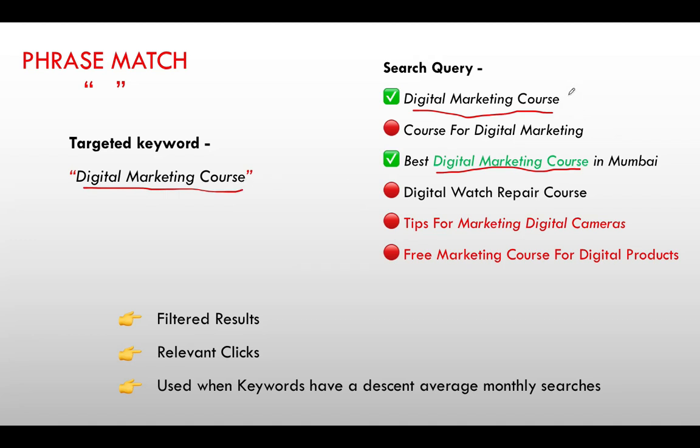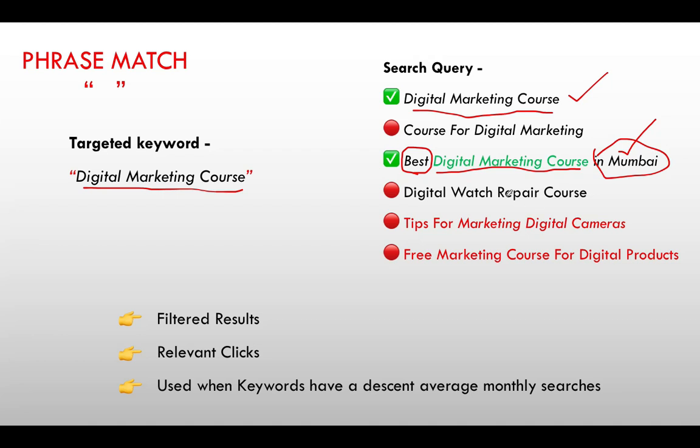So your ad will get triggered for these search queries. Now anything before the phrase and after the phrase is fine, but the query should contain the same set of words in the same sequence. Okay, before and after the phrase anything else is fine, your ad will get triggered.